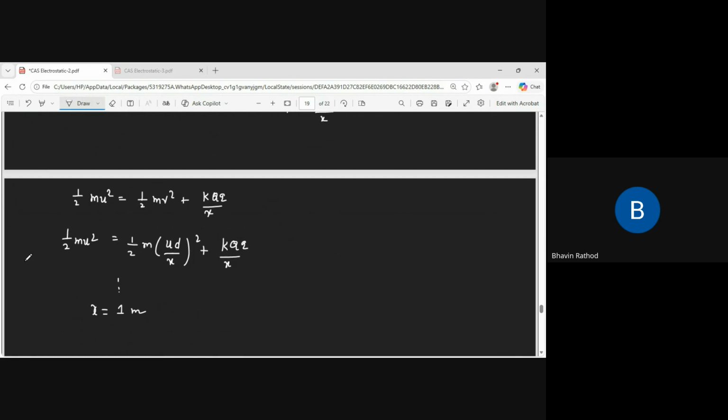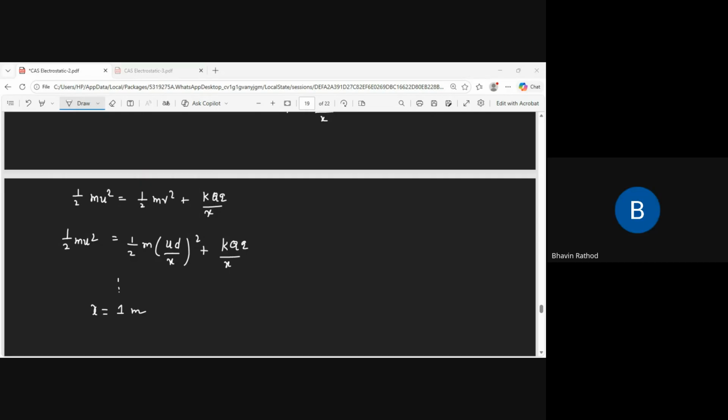Question? Yeah. Sir, in this question, the point Q is fixed, right? Yes. Somebody has to be applying a force on the charge Q to keep it from moving away from the other point. True. So then that will be an external force and an external torque. So how can things be conserved?